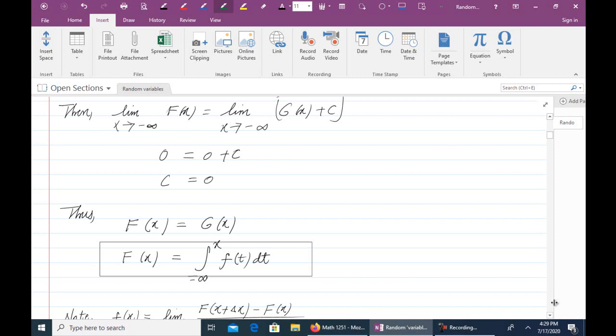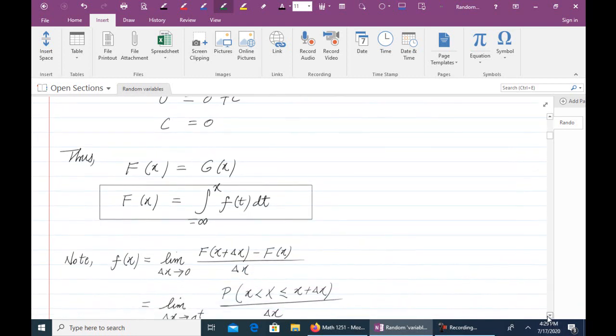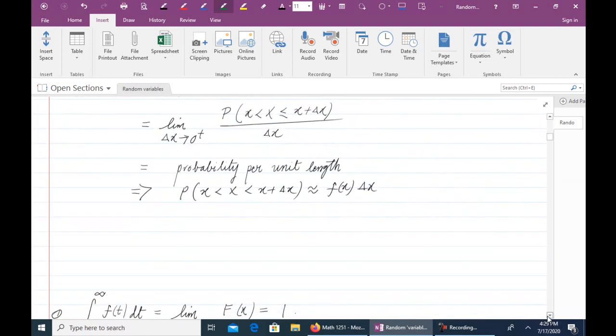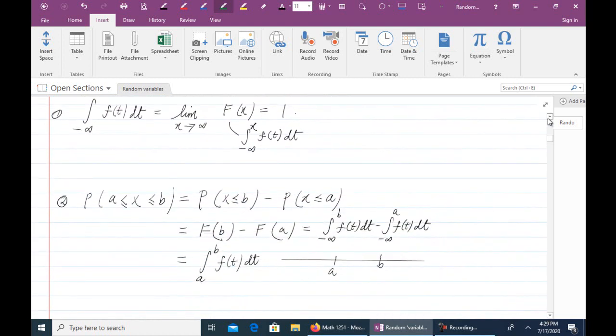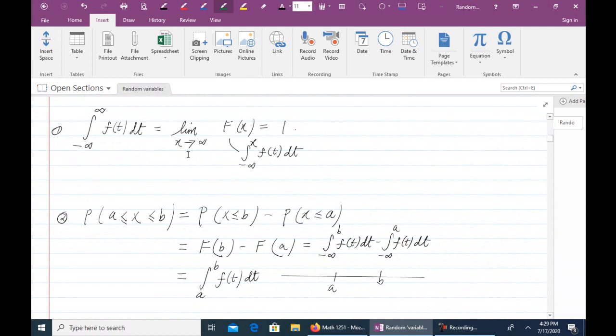Now I want to make a couple of remarks here. If we look at the integral from negative infinity to positive infinity of the PDF f of t dt, well, that's just the total probability, so that should be 1.